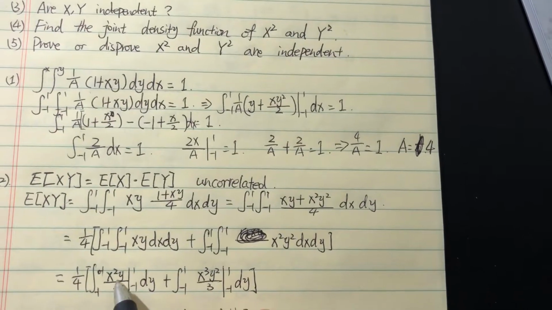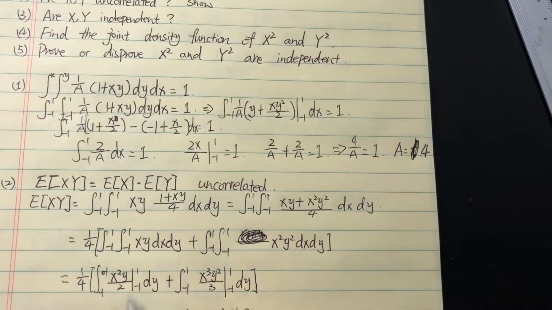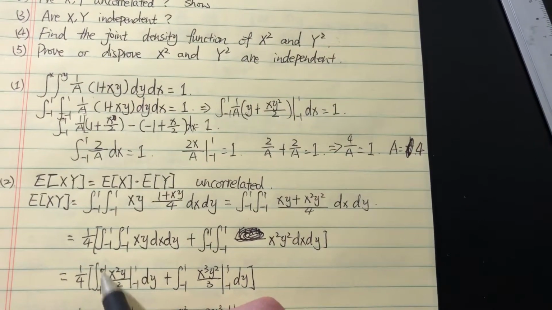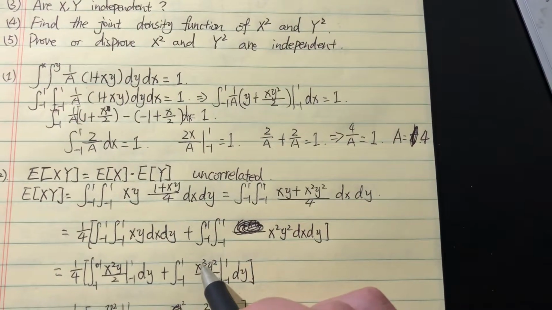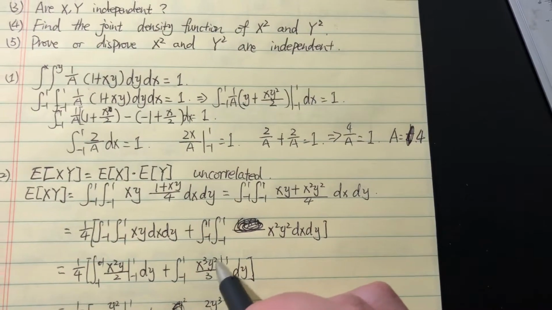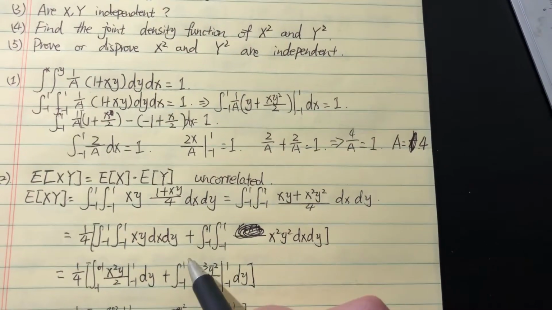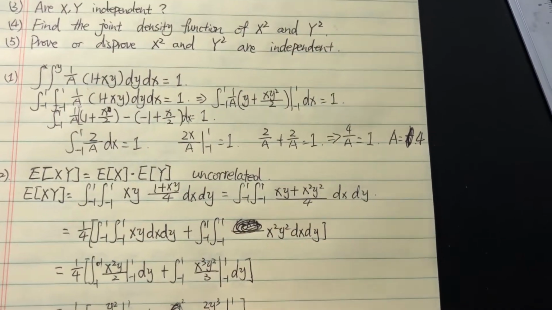For the first part we write x squared y divided by 2 in the range of -1 to 1, and integrate over y. For the second part, integrating over x, we get x to the power of 3 y squared divided by 3 in the range of -1 to 1, and we also need to integrate over y.